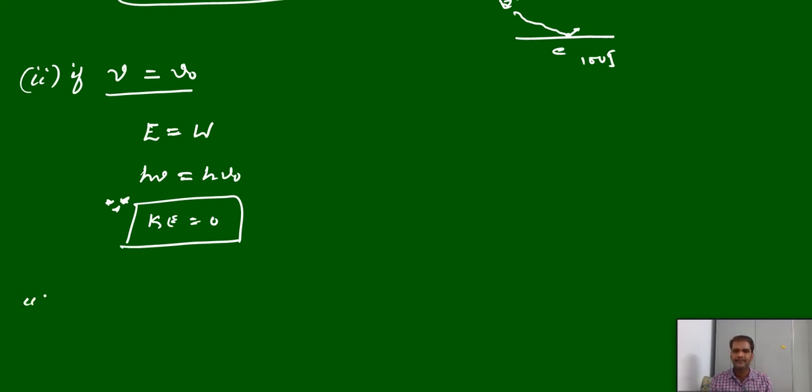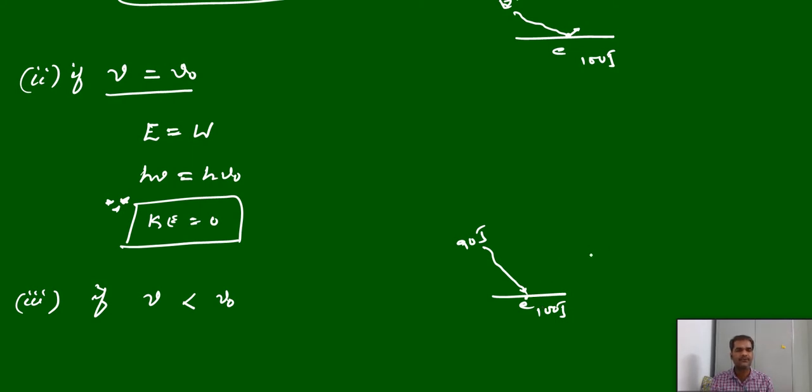And the third case, if the incident energy is less than the threshold or work function, means the frequency is less than the threshold frequency. Then in this case again you take that your electron whose binding energy or ionization energy is 100 joules, but now we incident with a photon of 90 joules. Then can we eject the electron from the metal surface if we supply 90 joules, but it requires 100 joules?